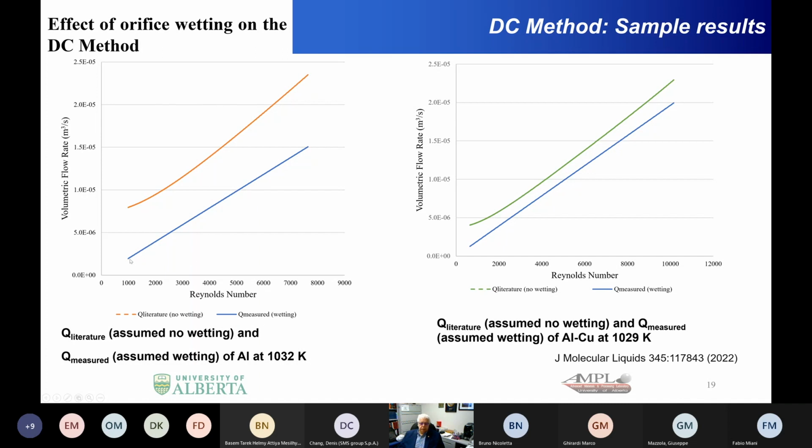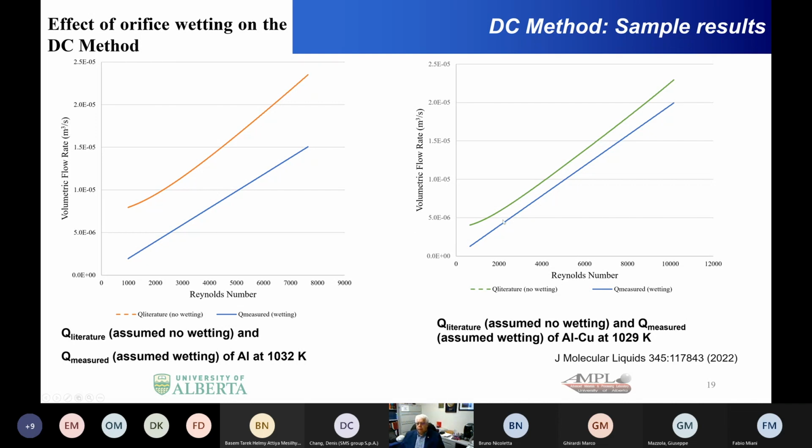But if you look in the literature and use the literature values for surface tension, viscosity, and density, this is the flow rate that one should be getting. And the reason for the difference between the two is that these experiments were done using alumina crucibles, and liquid aluminum metal very nicely wets alumina ceramic. And so we're seeing a reduction in the flow rate as a result of the wetting.